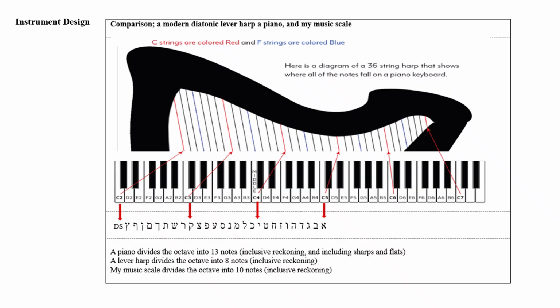Note, a piano divides the octave into 13 notes, inclusive reckoning, and including sharps and flats. A lever harp divides the octave into 8 notes, inclusive reckoning. My music scale divides the octave into 10 notes, inclusive reckoning.